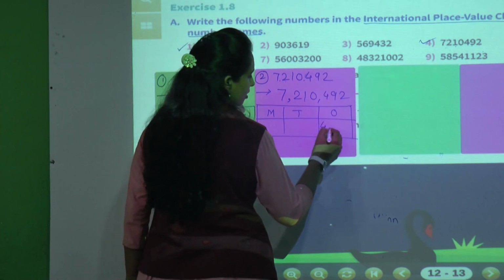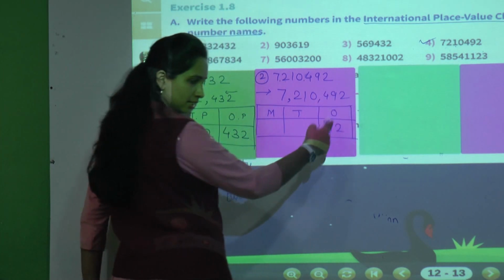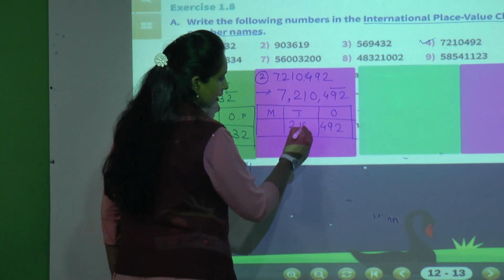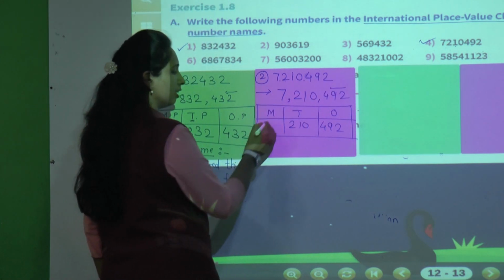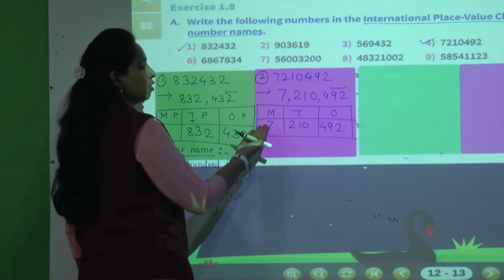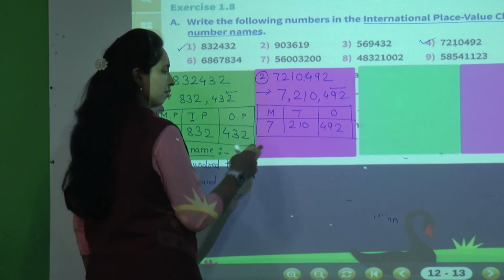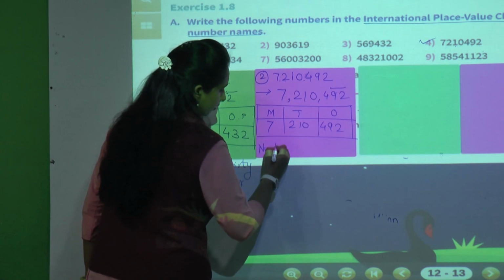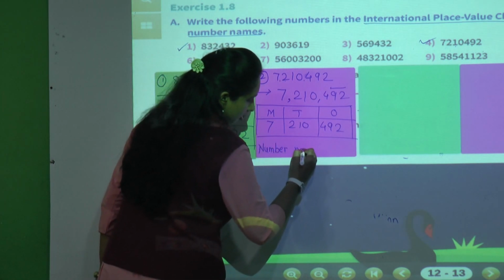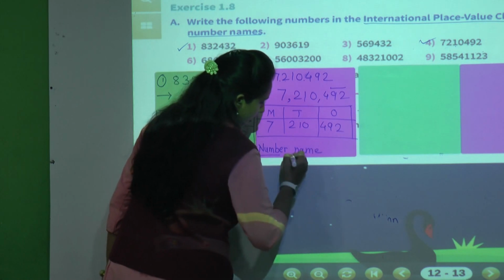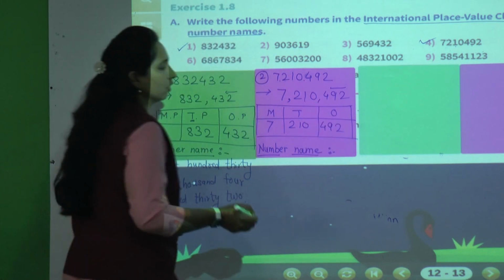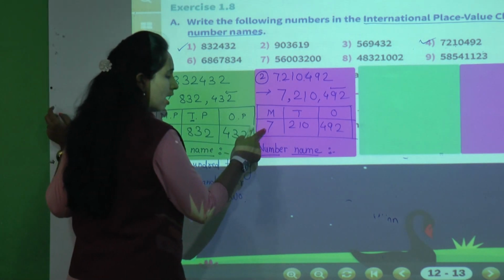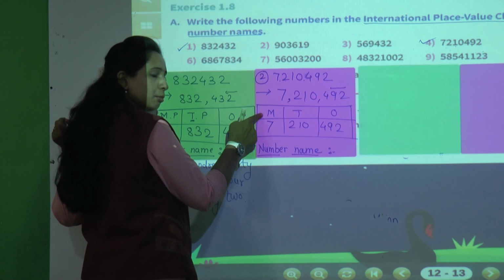So place the numbers. The first 3 digits from the right will come in the ones period, 210 will come in the thousands period, and in the millions period they have given only 7. So we will place 7 in the millions period. Now the number name. Can you read it? What is this? 7. So how will we read it? 7 million.